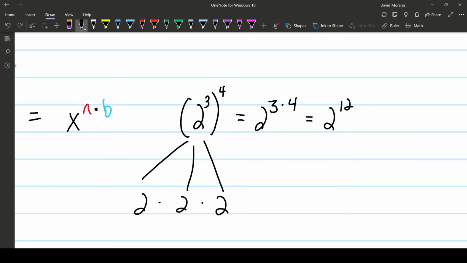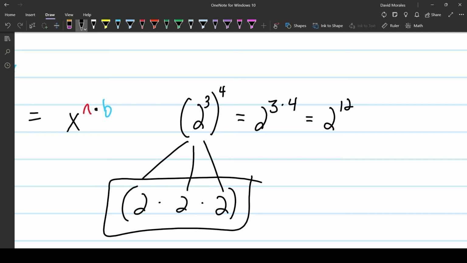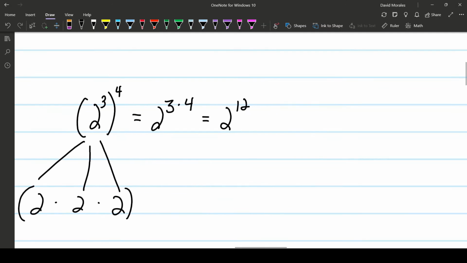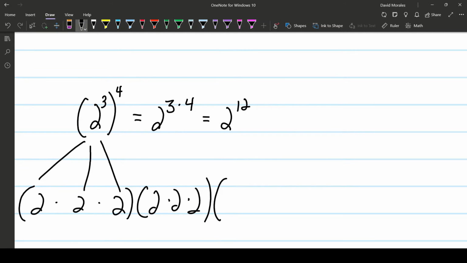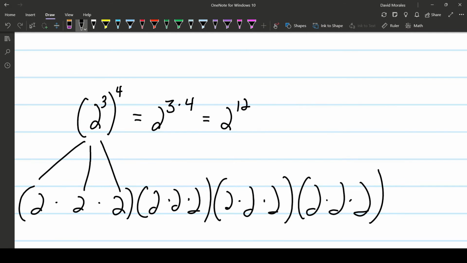But this 4 says, hey, I need 4 groups of this. So that means I need 4 of these, which I'm going to repeat. 2 times 2 times 2, that's 2 of them. 2 times 2 times 2, that's 3. And 2 times 2 times 2, that's 4.